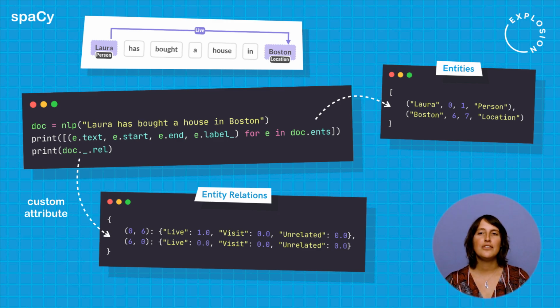When we feed gold standard training data into our relation component, these annotations will be stored in the example object's reference document in a similar way. In comparison to spaCy 2, this gives you a lot of flexibility on how to define gold standard annotations. You only need an internal convention on how to store the data on the document, and that's exactly what the custom attributes can be used for. Now let's dive into the code for more detail.